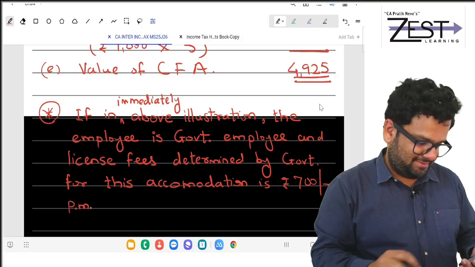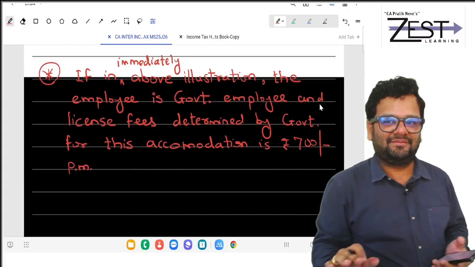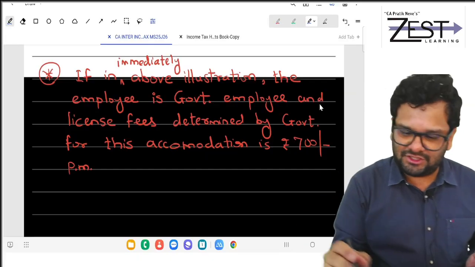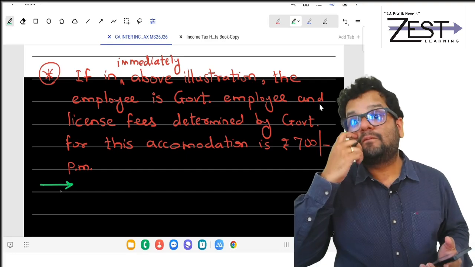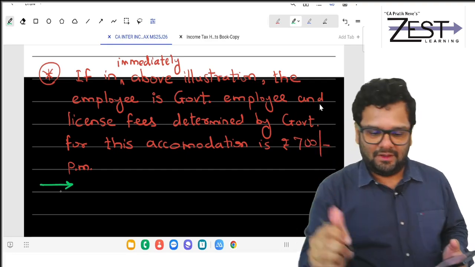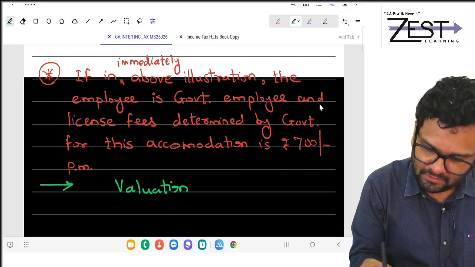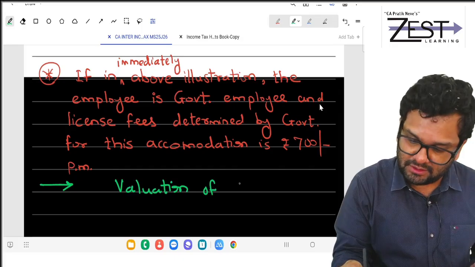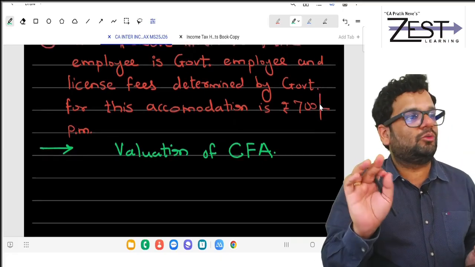Then what will happen? Everything else is same. So what will change? Valuation of concessional furnished accommodation.